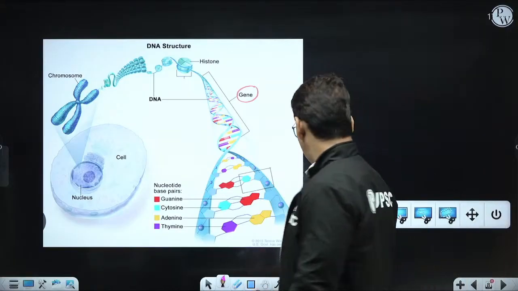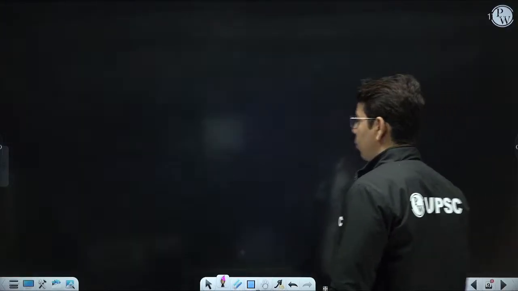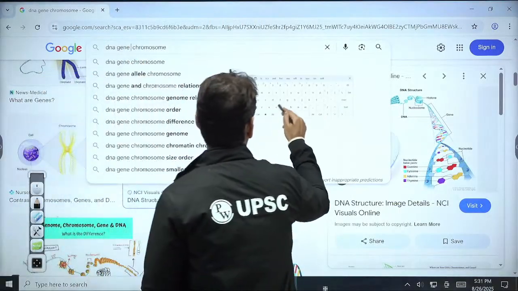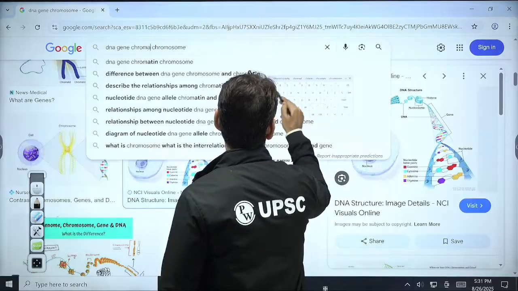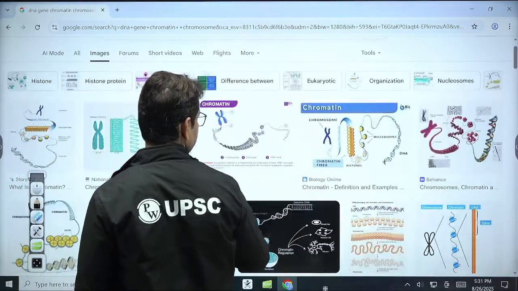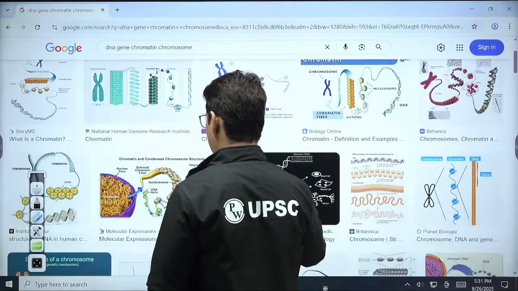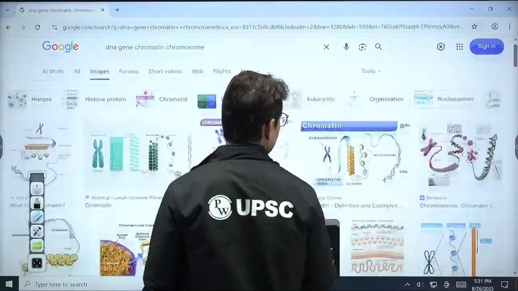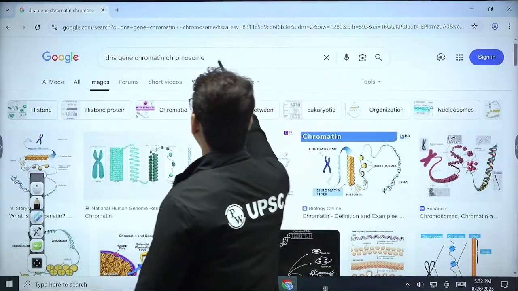Right? Or I can get one more thing. There was one diagram, I'm not getting this point. And that diagram was good enough.